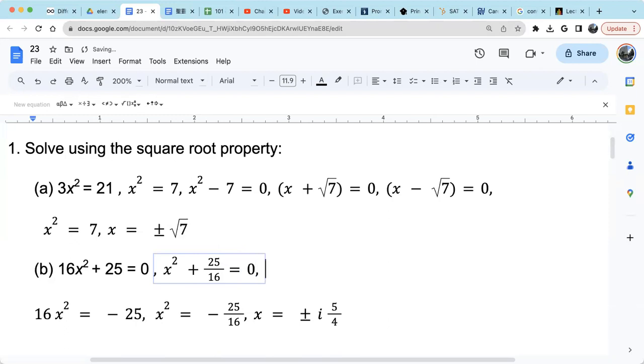Difference of two squares in real numbers is the sum of two squares in complex numbers. You can factor this as x plus 5 over 4i times x minus 5 over 4i.